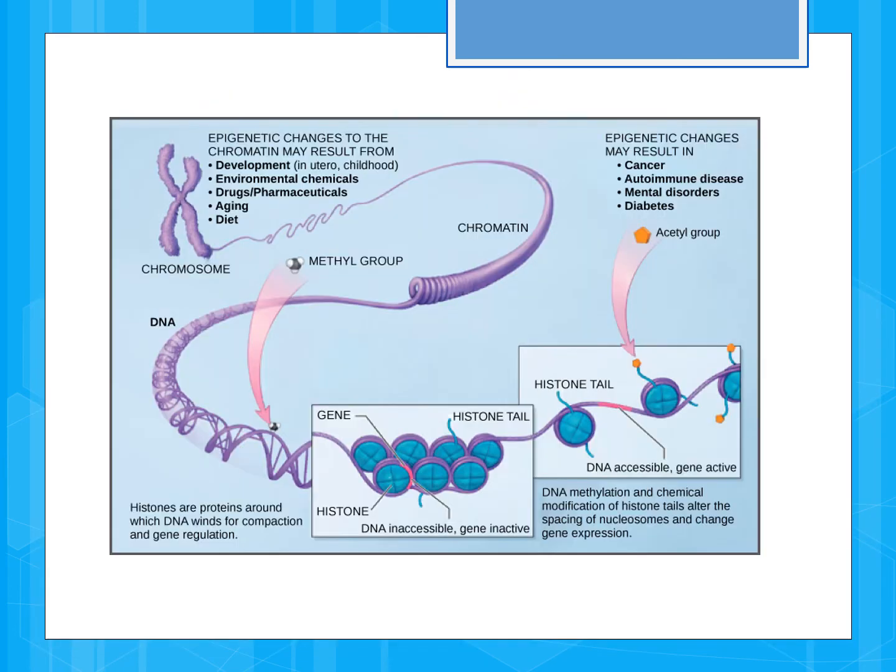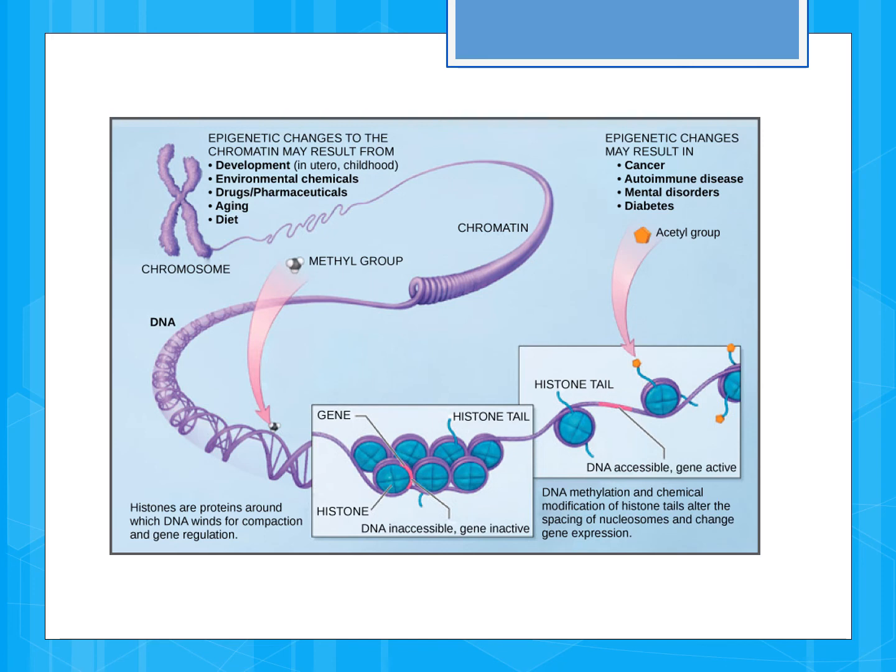So this is just showing you the DNA being coiled around the histones, and so if you have a look at the box with the histone tails, sometimes acetyl groups can be added to the histone.